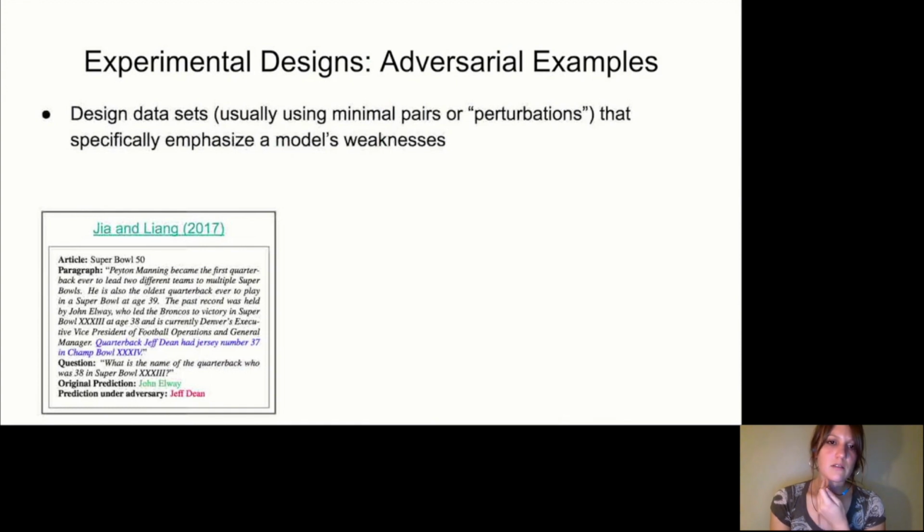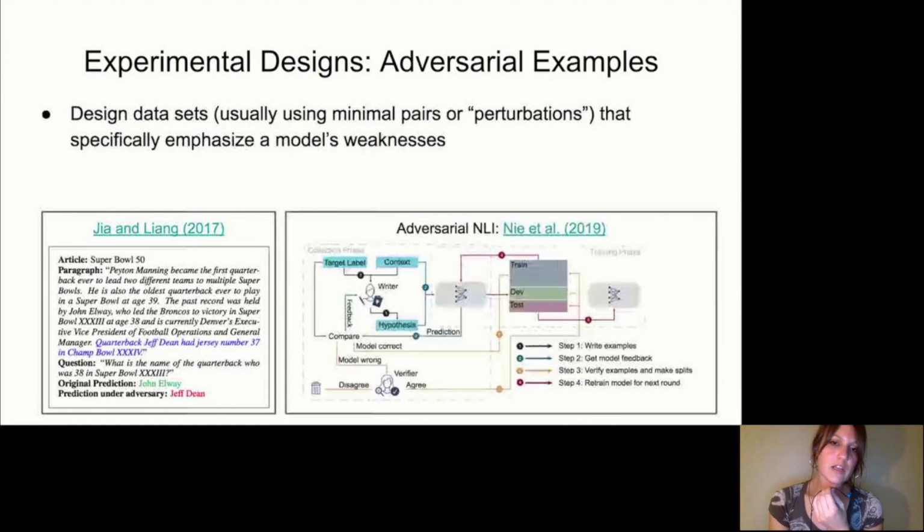A really exemplary work in this area was the Jia and Liang paper from 2017, which was looking at question answering systems on SQuAD. What they did was basically add random distractor sentences into the answer paragraphs and then look at how models change. These were adversarial because you could inject either complete noise or sentences that had clear distractors, and illustrate that it would break the models' predictions in predictable ways.